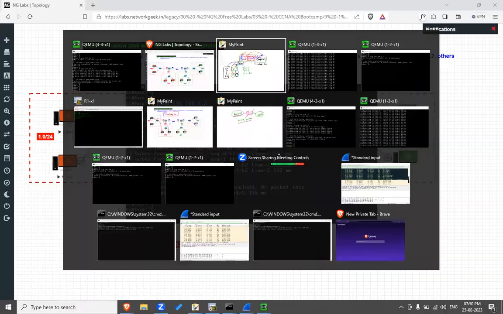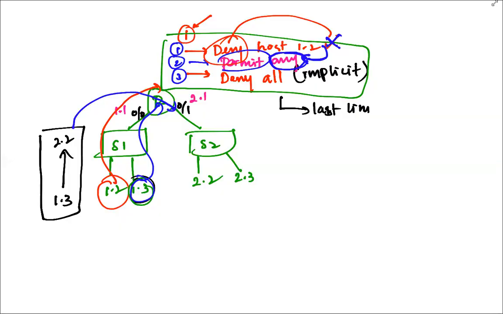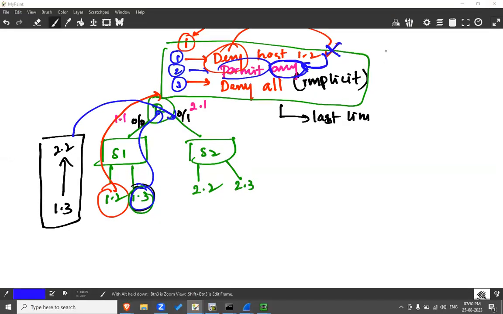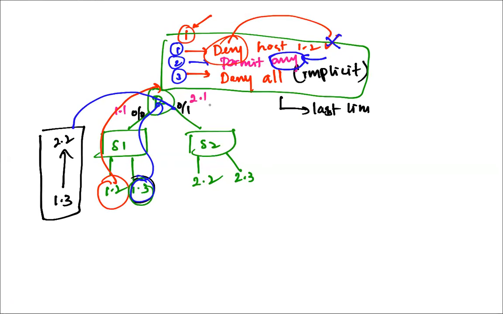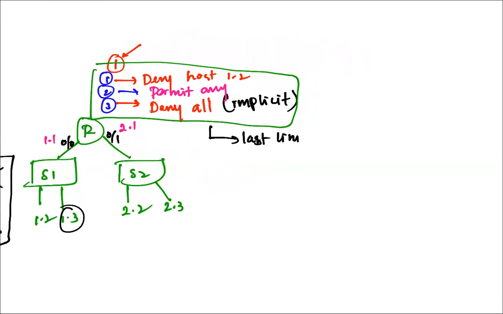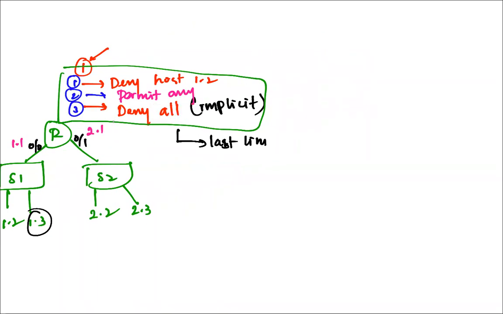I just wanted to ask you one question. Assume that I have, let me undo all these things, these three lines. The implicit deny we cannot remove, that's always going to be last. But can I have the ACL in a different order? Can I create an ACL where the first line is permit any?